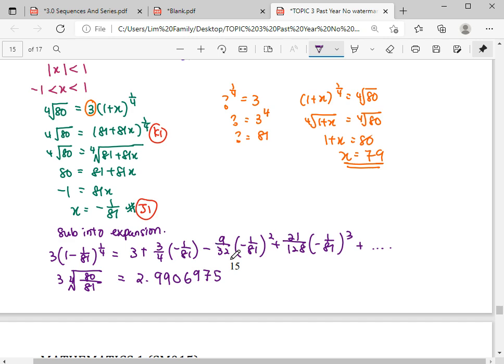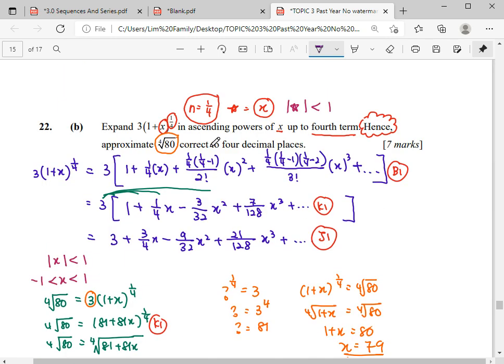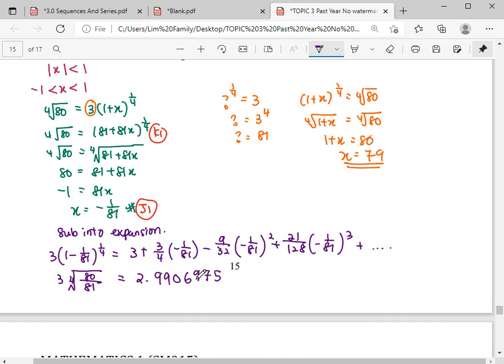No problem. We haven't done the final answer yet because our answer is finding the fourth root of 80, right? We have to give more decimal places. The question asks for 4 decimal places, so I have to give more because I haven't reached the final answer. My part here hasn't given the fourth root of 80, I just get the fourth root of 80 over 81.